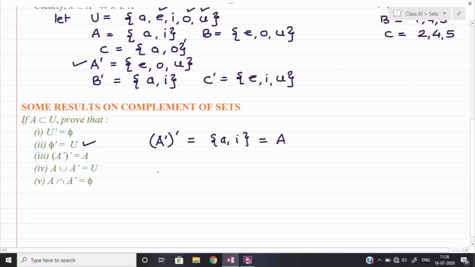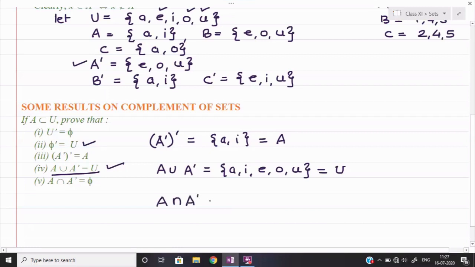So we can say that A double dash will be equal to A. Similarly, A union A dash, observe the above example. First I write the elements of A, that is A comma I. Then I write the elements of A dash, that is E, O and U. Observe, I have taken all the elements of U: A, E, I, O, U. So A union A dash is equal to U. And the intersection between the two sets A and A dash always comes equal to phi.